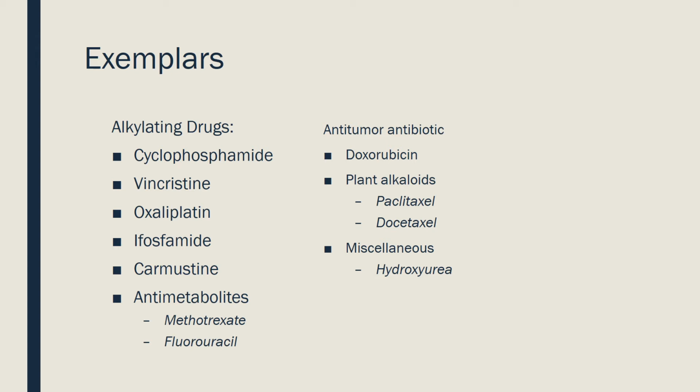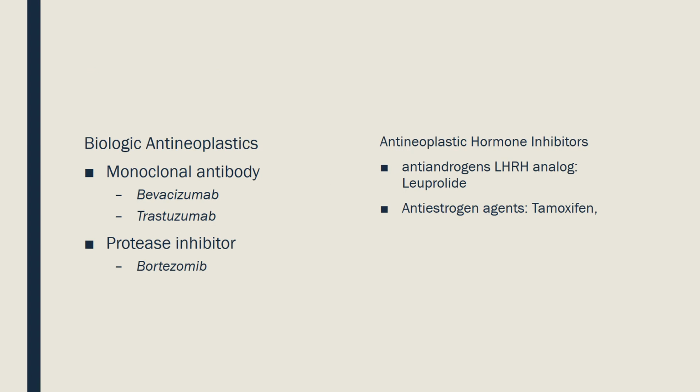Also underneath those are your plant alkaloids and the miscellaneous. And so these produce tumor destroying effects by binding with the DNA, and that's how these medicines work. Then your biological antineoplastics, we've actually studied these already in Unit 2, but the monoclonal antibody, see at the end of those, the MAB.